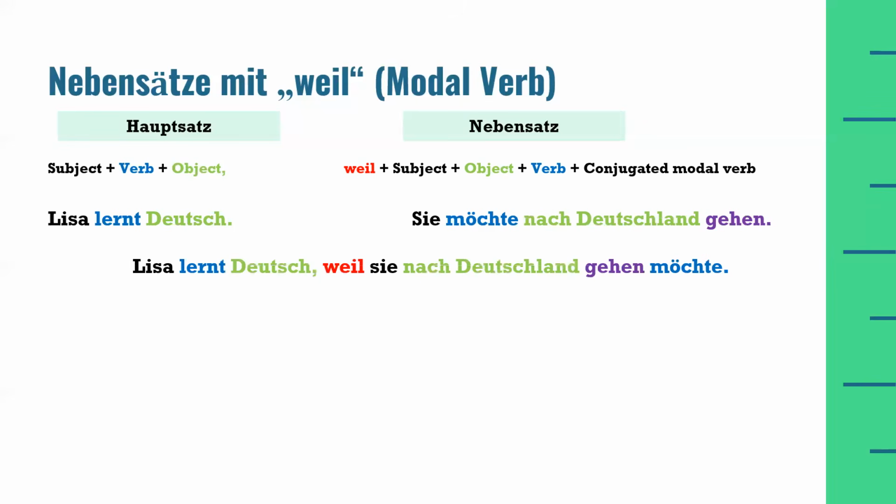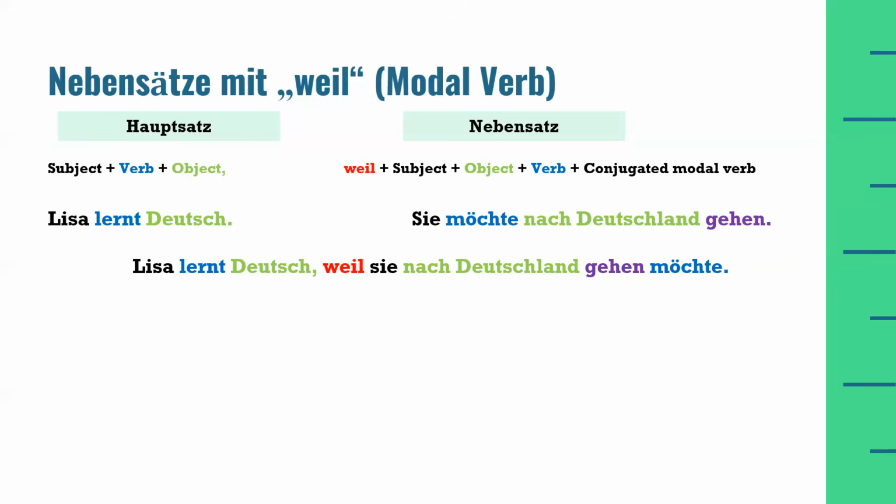So in the Nebensatz, we have to apply the rules or the conjugation or the sentence structure that we have just seen. Lisa lernt Deutsch, so the Hauptsatz will remain the same. Nebensatz will start with weil, which means because, and after that there will be the subject, which is sie, which means she, nach Deutschland gehen möchte.